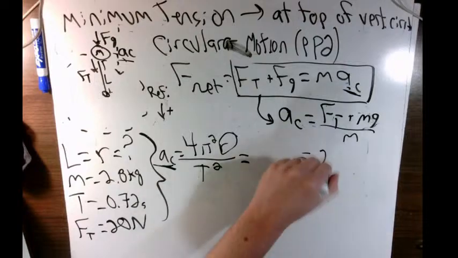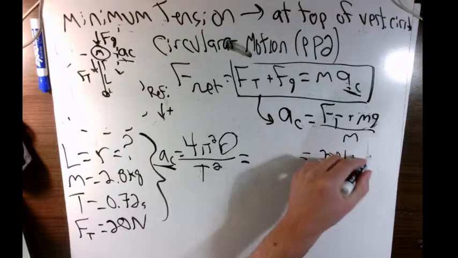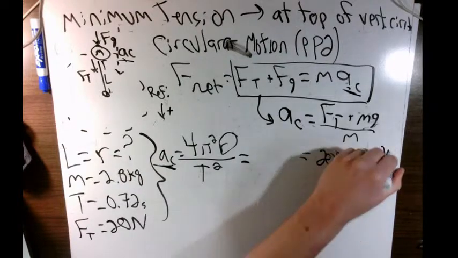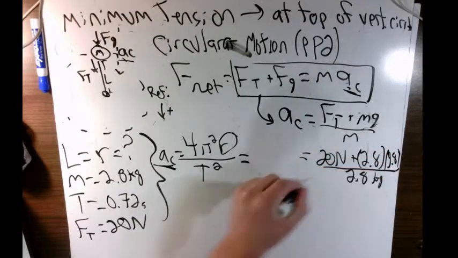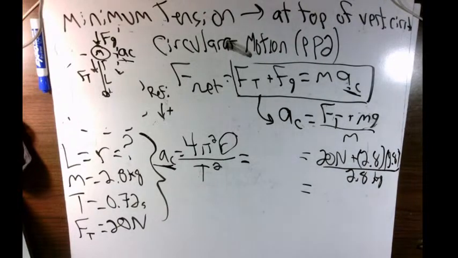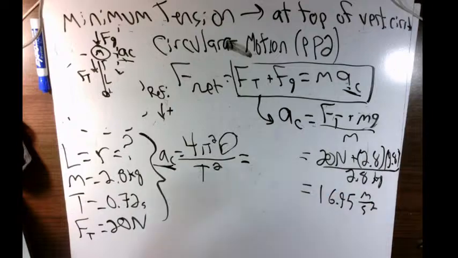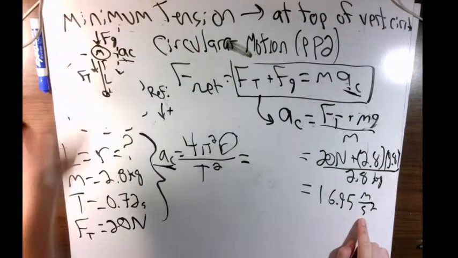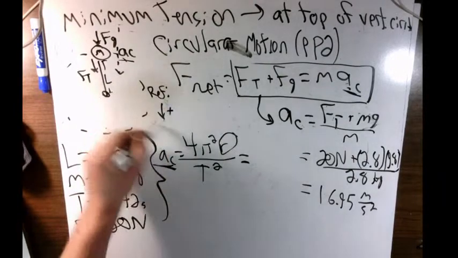We have 20 newtons plus 2.8 kilograms times 9.81, divided by 2.8 kilograms, giving us a centripetal acceleration of 16.95 meters per second squared. That's an acceleration that in this case is positive, using our reference system where down is positive. Since it didn't come out as a negative number, we know it's right, going down, positive.